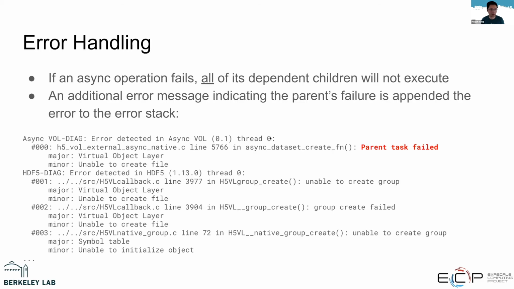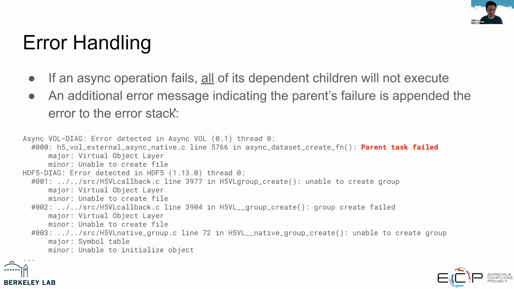So next is the error handling. Error handling can be tricky with the asynchronous execution because even if a task fails, it will not be reported to the user immediately, because it is executed in the background thread, and the error may happen while the application is doing other things.